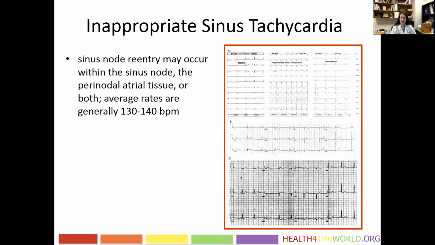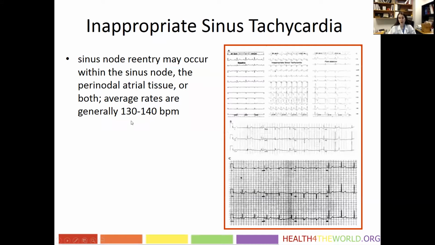I will open a parenthesis here to talk about a condition that we include in the supraventricular tachycardia lecture, but it does not really represent a supraventricular tachycardia in the same way as the mechanisms that we have discussed. The inappropriate sinus tachycardia that can occur because of reentry around the sinus node or the perinodal atrial tissue.